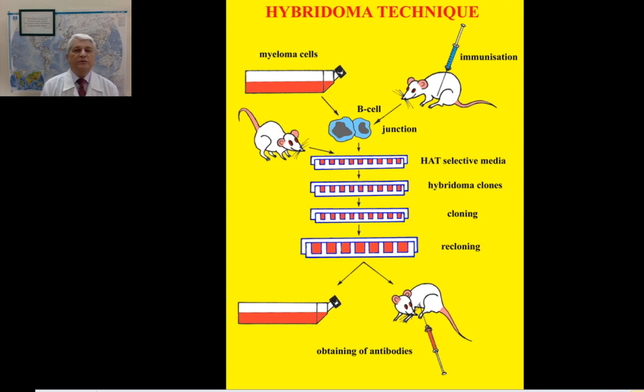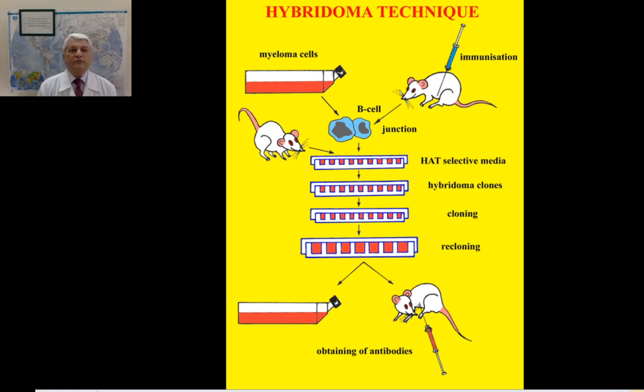The problem is that we need to obtain large amounts of monoclonal antibodies with desired specificity. So we need to receive antibodies against the antigen which we need. How to do this?